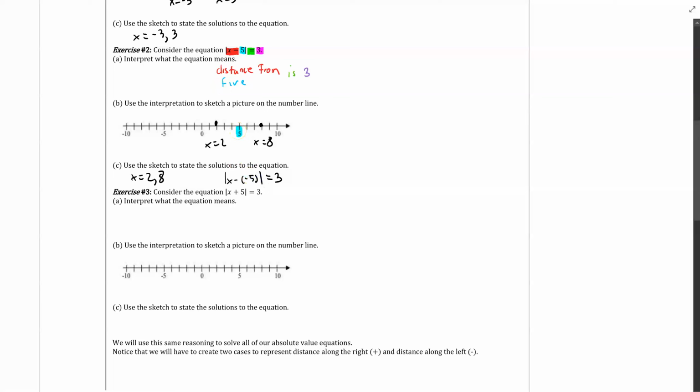But now we can use this interpretation to understand that we have the distance from negative 5 is 3.